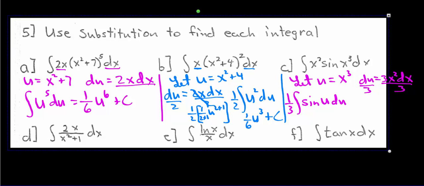So this is going to be 1/3 sine u du, and it's minus. The antiderivative of sine is negative cosine. Oh, look at me, I put a du there. Plus c. I meant to put a plus c.